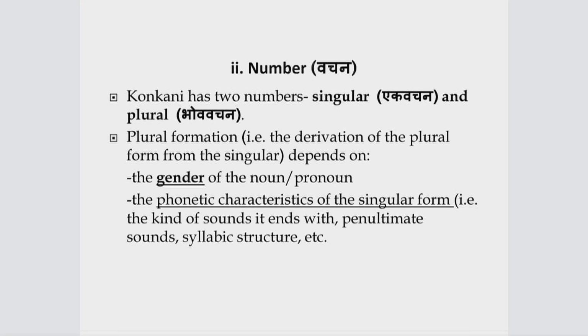So how do we form plural words out of singular words? We have to look at the endings of the words and the gender. So the two things that are important while forming plurals are word endings and their gender. Based on these two things, the plural formation will be dependent.